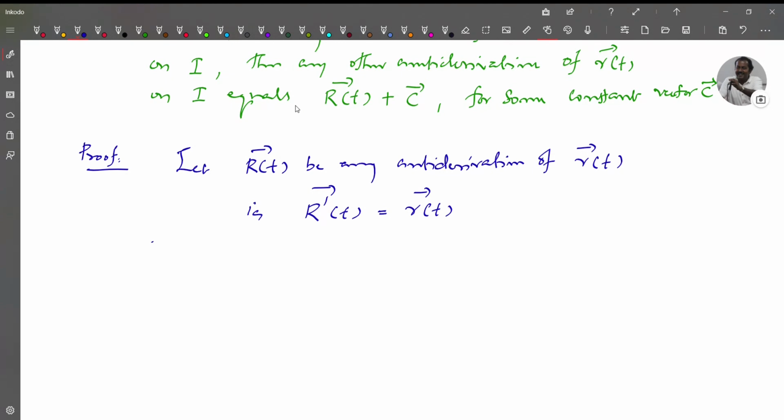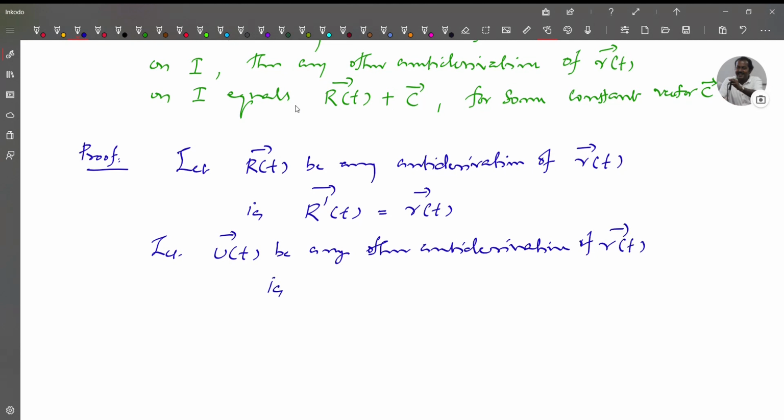Let u of t be any other antiderivative of r of t. That is, u prime of t is equal to r of t.